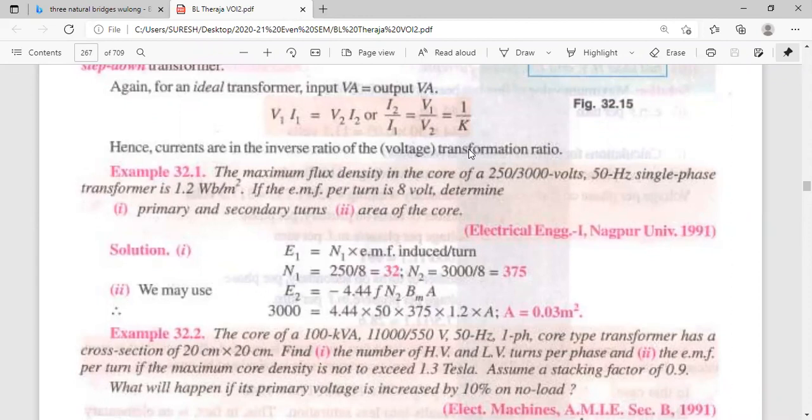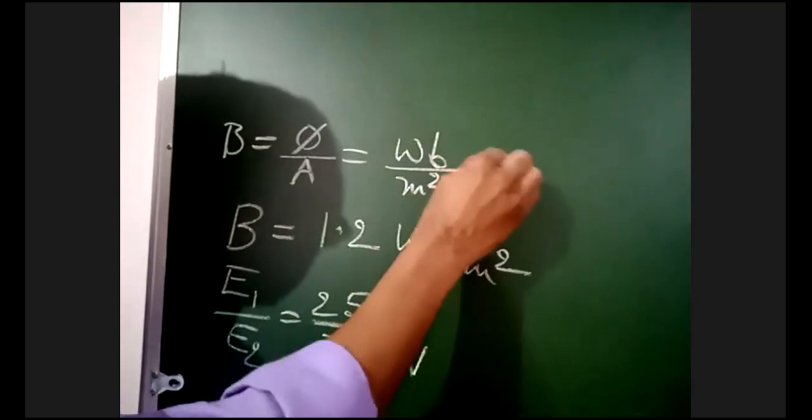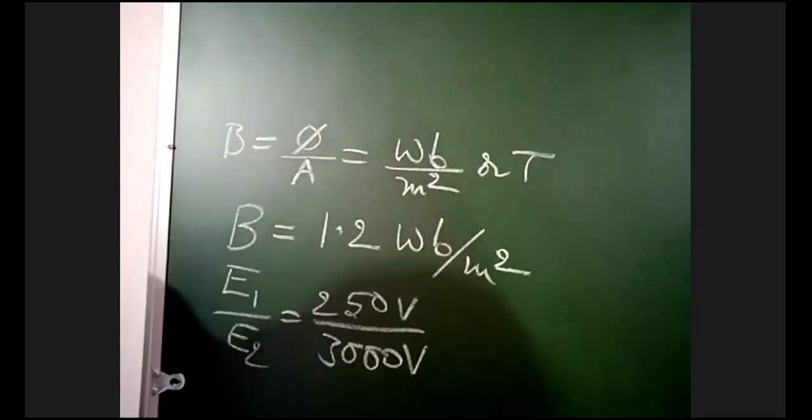Done, sir. Okay. See in the problem, he is giving maximum flux density. 1 Weber per meter square is equal to 1 Tesla.